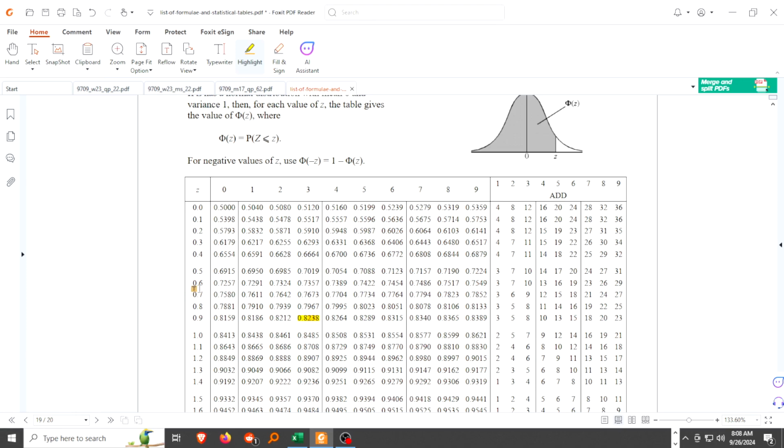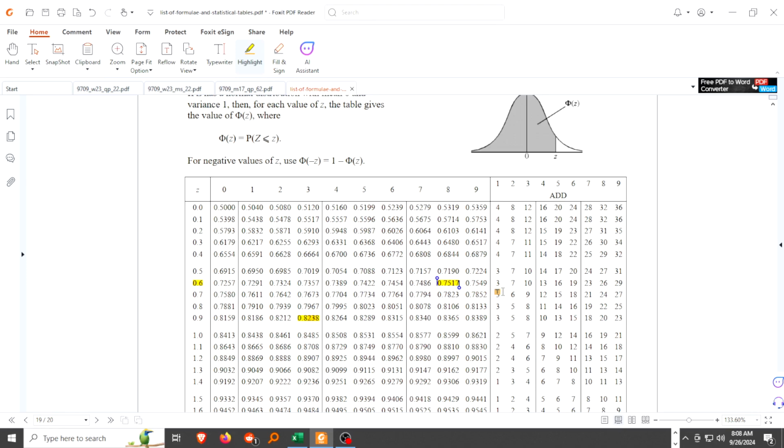So we come here, we get 0.6, then we move to 8. So 0.68, that's this. The value we read is 0.7517, but since it is 0.6818, we would want to find what 1 has. We find that 1 has 3.